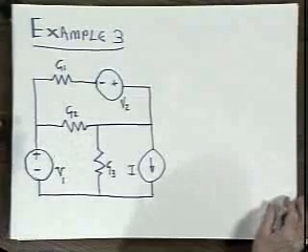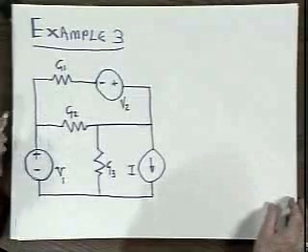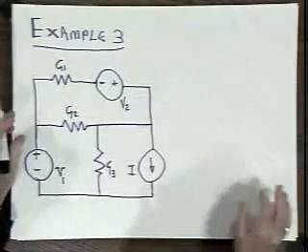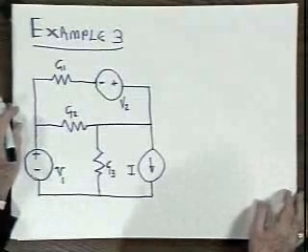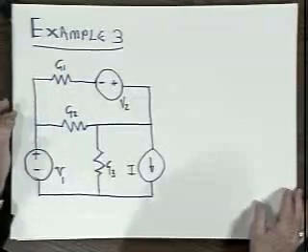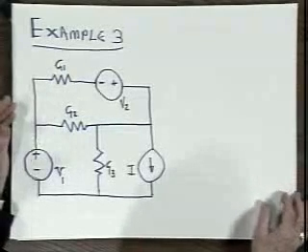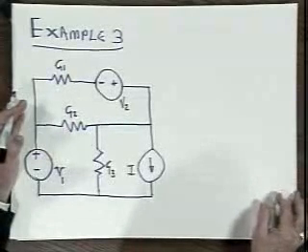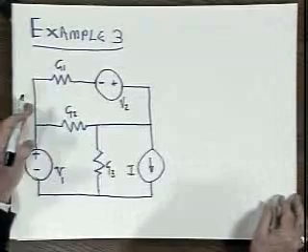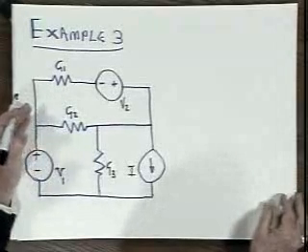One more example and we're done. This one has two voltage sources, a current source, and three conductances. And I've chosen this specifically to illustrate the technique of dealing with a circuit in which there's more than one voltage source and in which they do not share a common node.